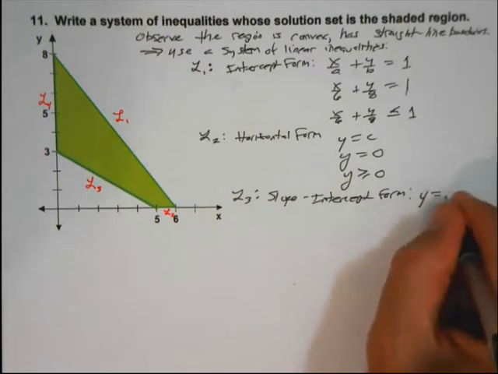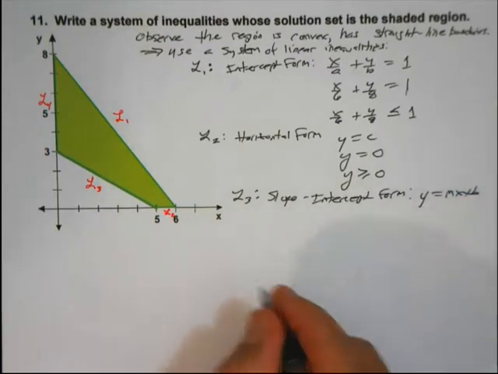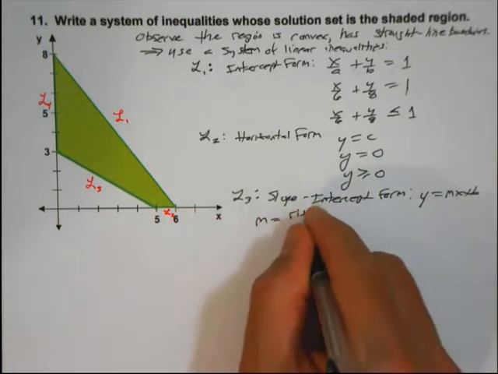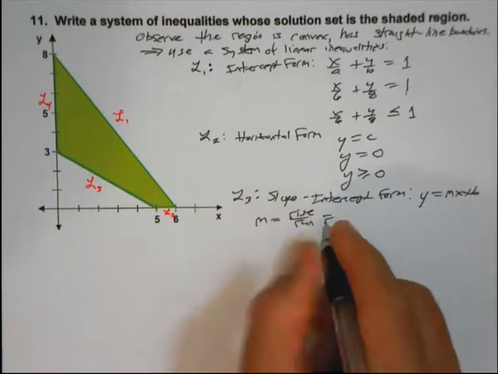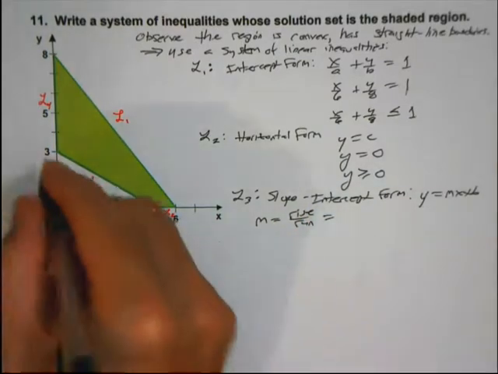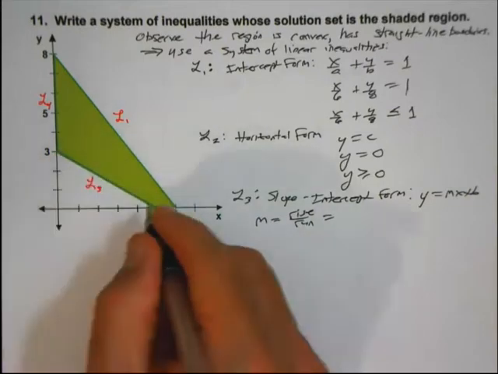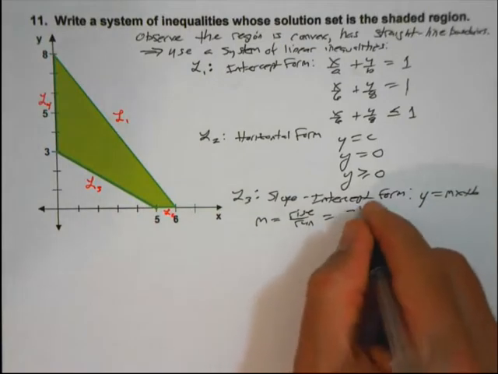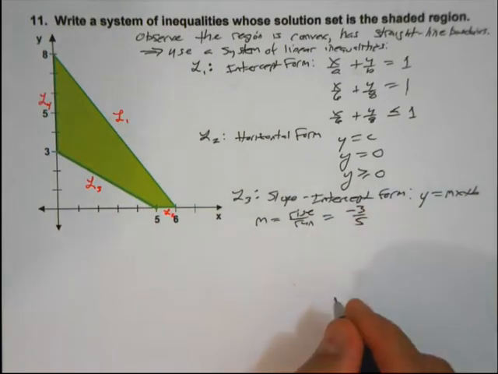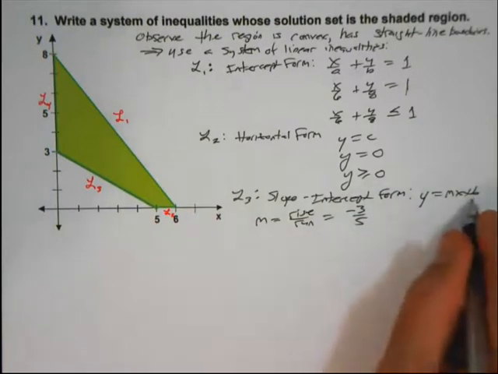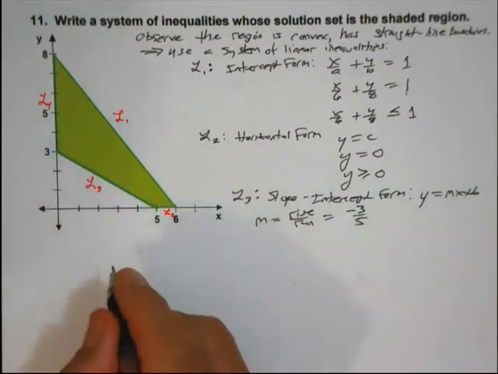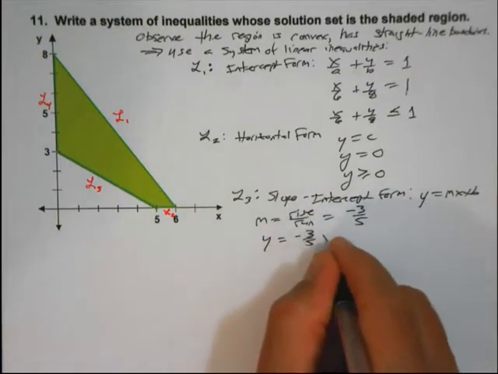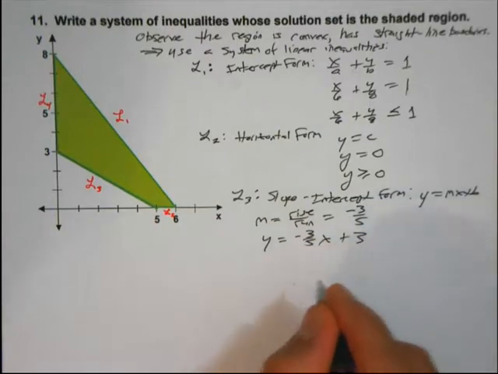That's y equals mx plus b. Now, what about m? M is rise over run. Let's imagine going from here to here. The rise is actually negative 1, 2, 3. The run is 1, 2, 3, 4, 5. Okay, so rise negative 3 over run 5. The b is the y-intercept, which is clearly 3. We're off and running with y equals negative 3/5 x plus 3.